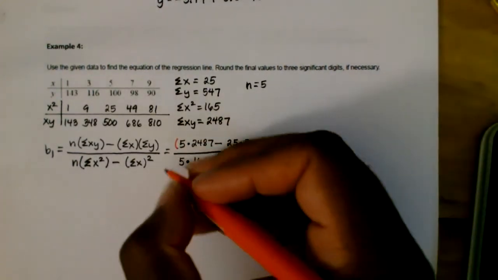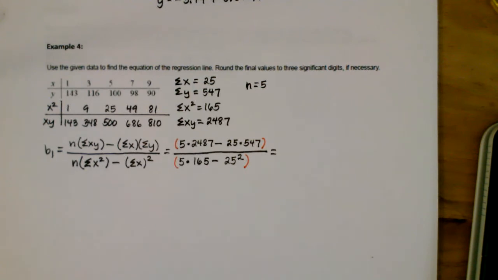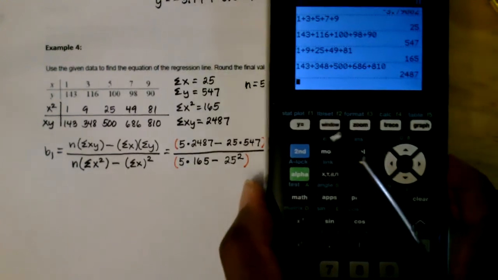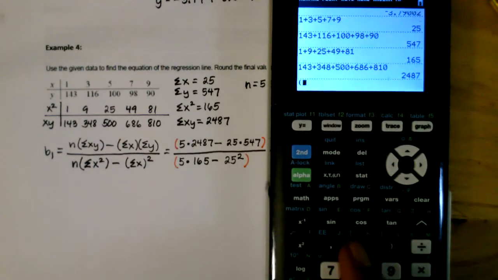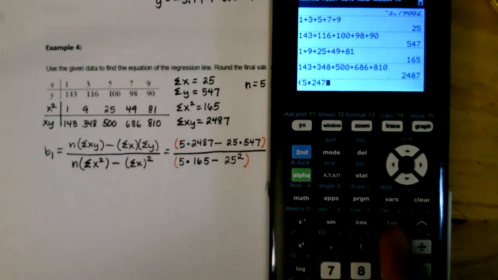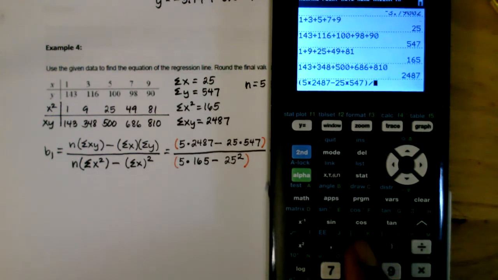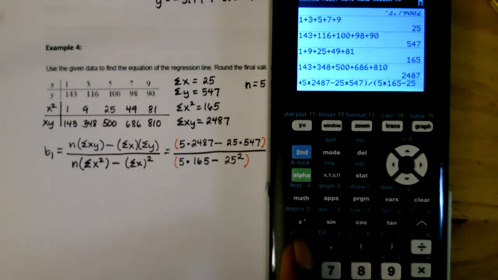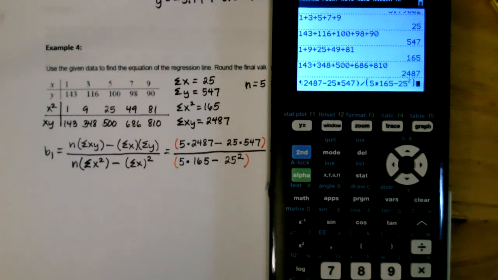I'll put these in parentheses. And if we use our calculator, left parentheses, 5 times 2487 minus 25 times 547, close parentheses, divided by, and then left parentheses, 5 times 165 minus 25, and then square it, close parentheses.